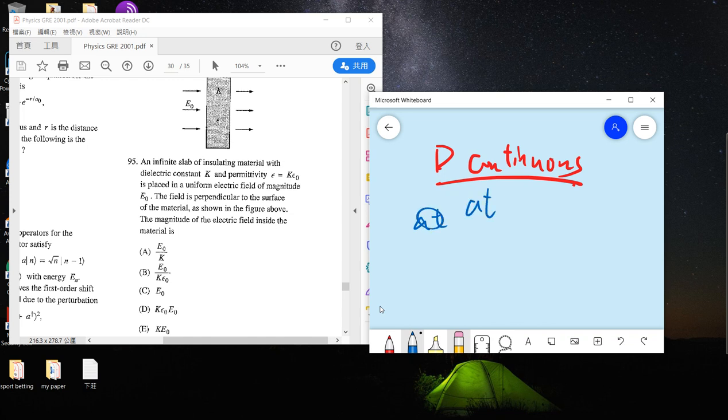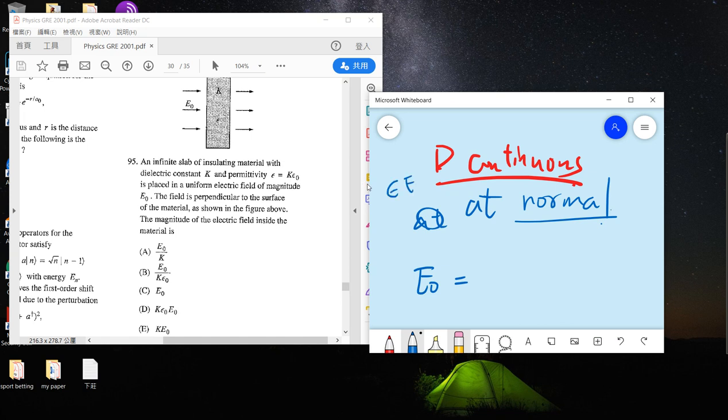At the normal. So D is continuous, right? So at the normal, from the left hand side it is E naught, at the right hand side it is what?